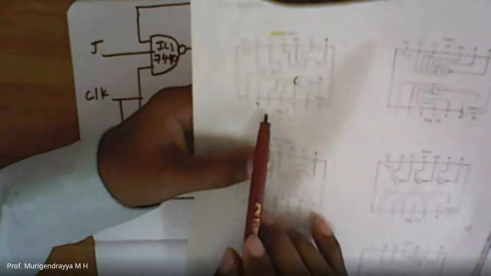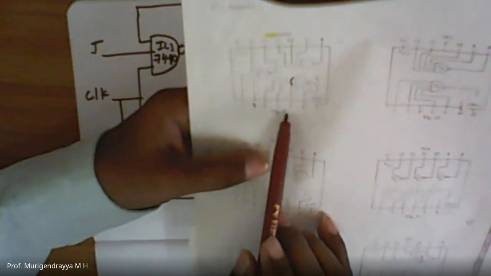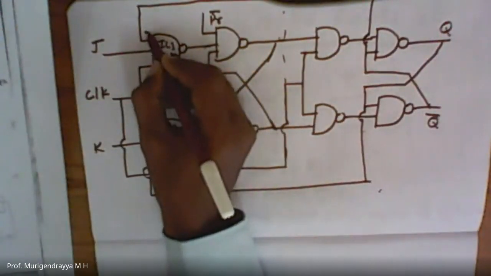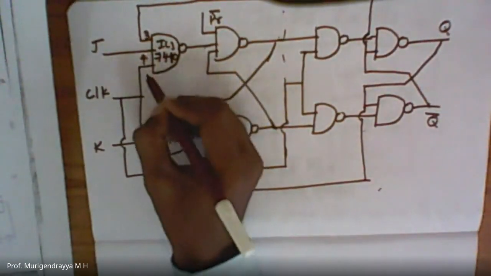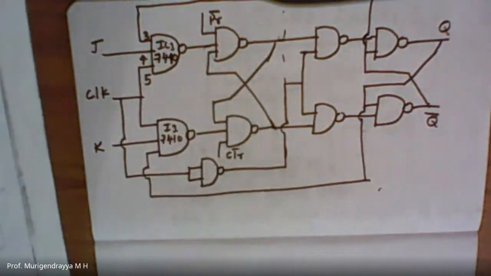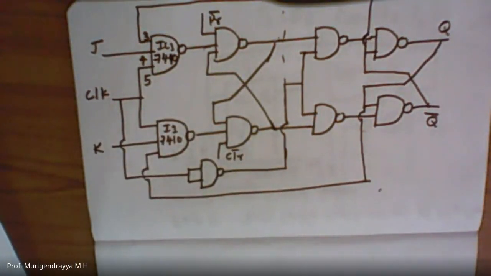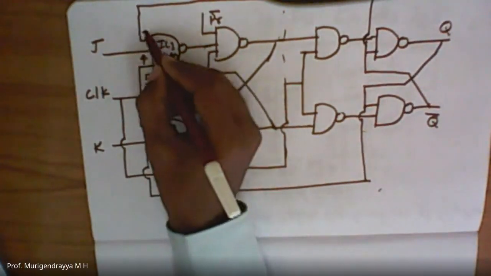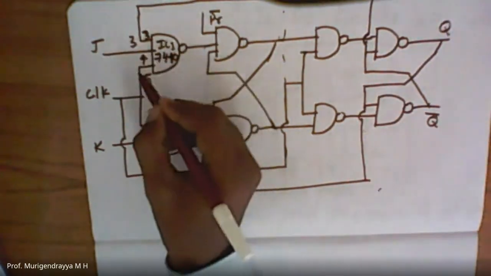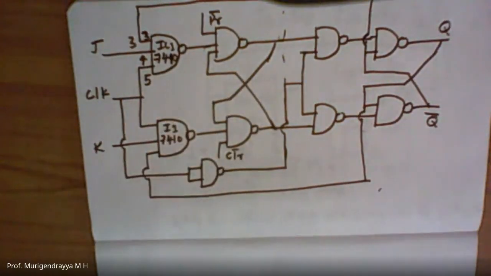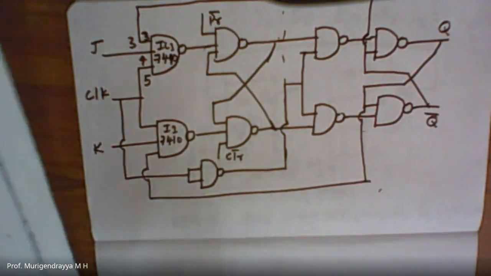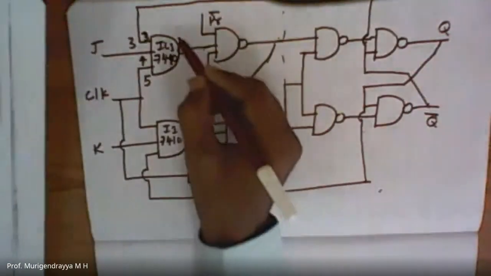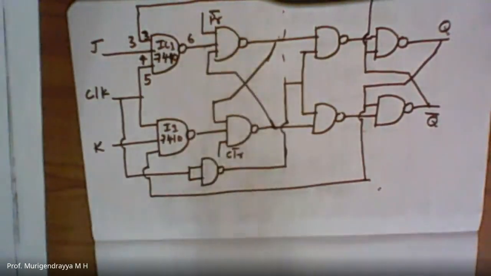What are the pin details of this gate? 3, 4, 5 are the inputs and 6 is the output. Can you see? This is pin number 3. I will write here 3, 4, 5, and the output of the first gate is pin number 6.